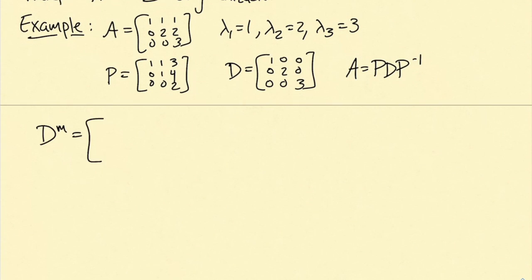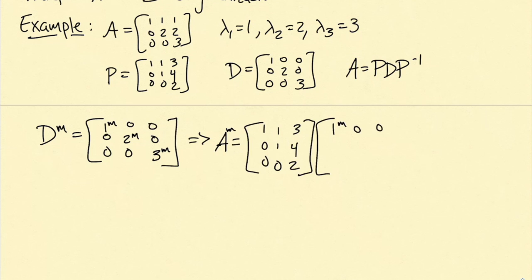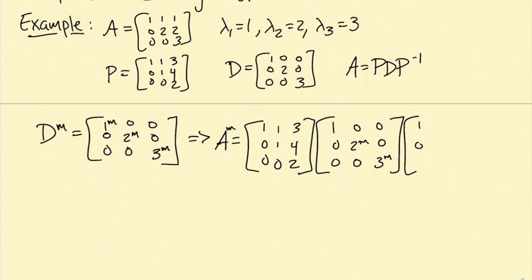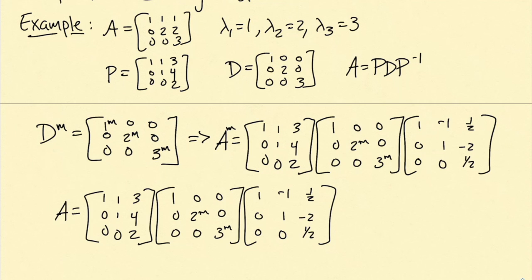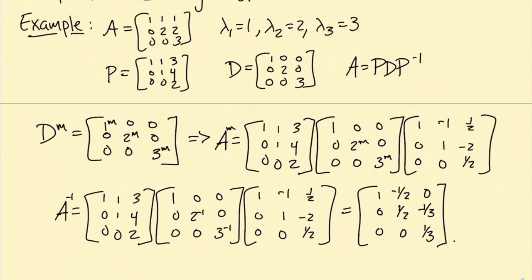So of course, if we wanted to compute powers of our matrix A, all we need to do is compute powers of our matrix D. If you wanted to compute A inverse, you could simply take this formula and replace the m by minus 1. And if you ask Sage to compute this for you, you'll see that you get the matrix 1, 0, 0, minus 1 half, 1 half, 0, and 0, minus 1/3, 1/3. And that's about it for powers of a matrix.